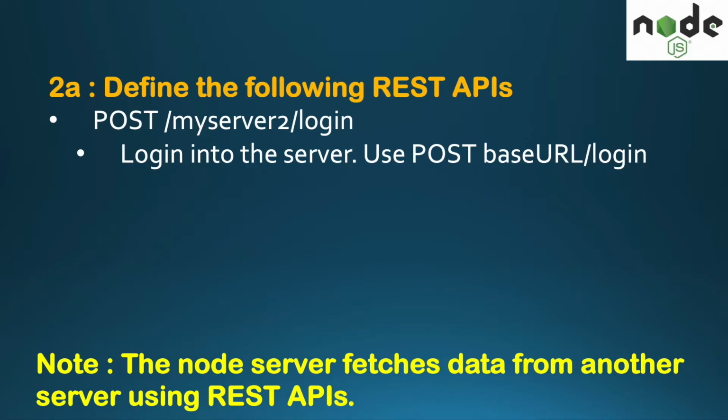Next, let's look at another exercise. Define the following REST APIs: post slash my server 2 slash login. So we will log in to the server here, and like we were doing earlier, we will use another server. So we will use post base URL slash login.